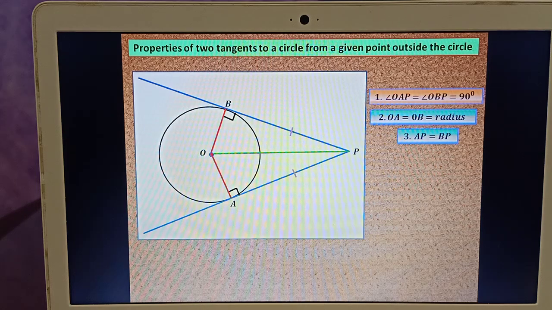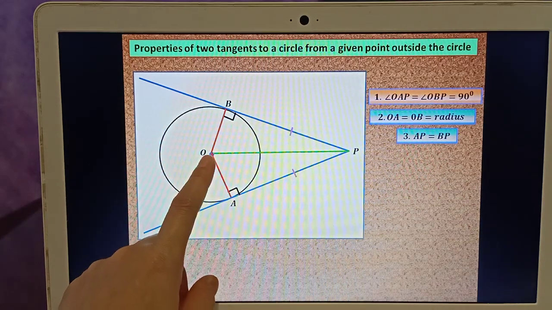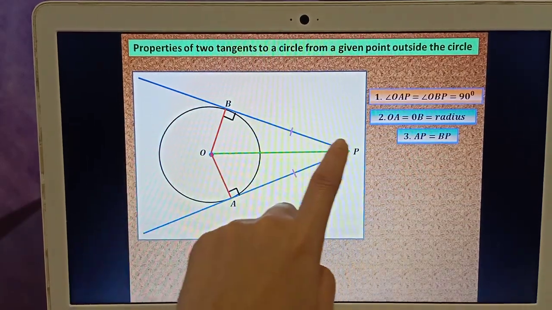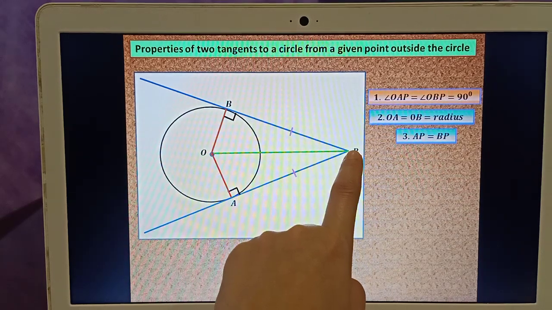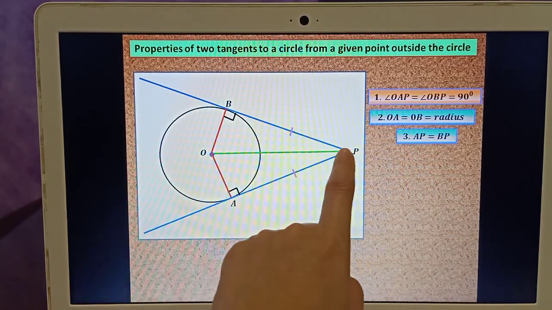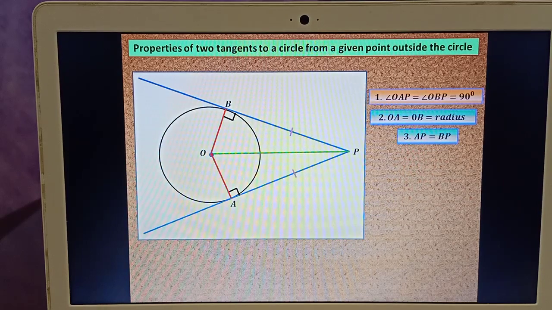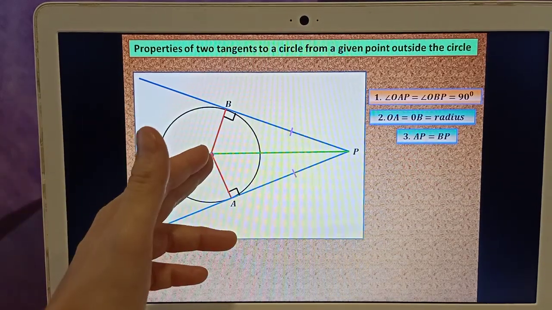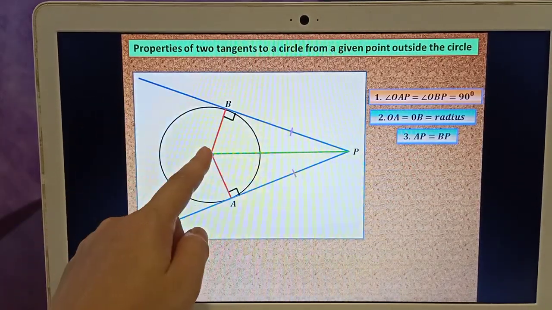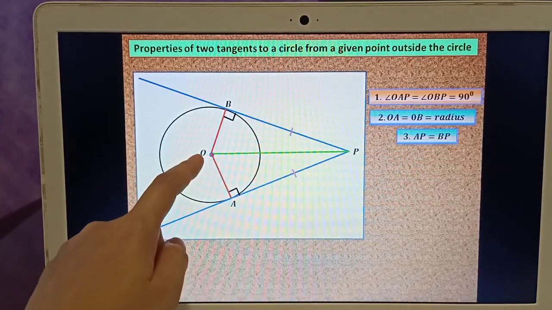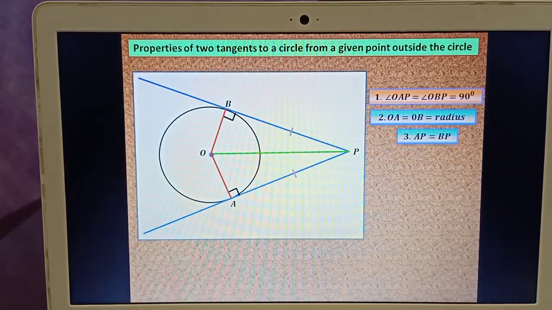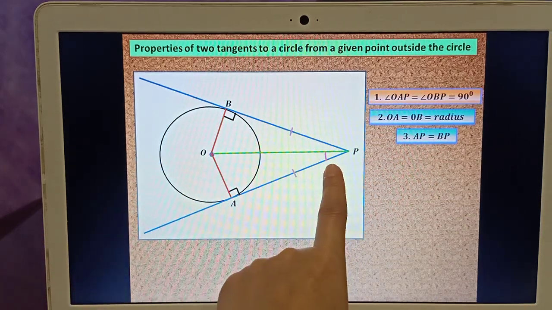Next, if I draw a line from the center to the point outside the circle, the green color straight line, then I will have two right-angled triangles, one below here and one up here, right? So what do I get? Look at this angle.